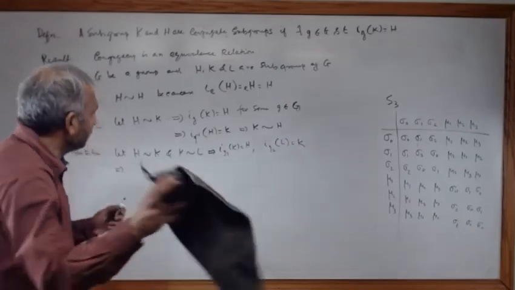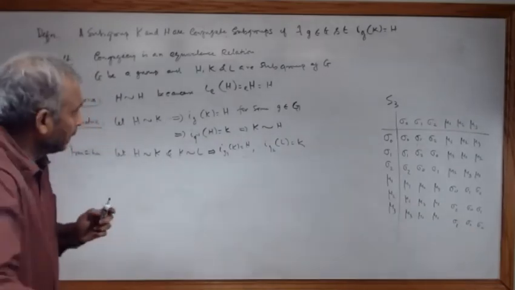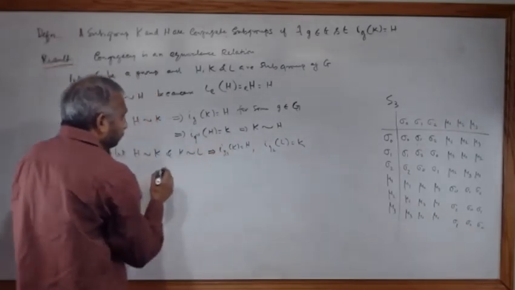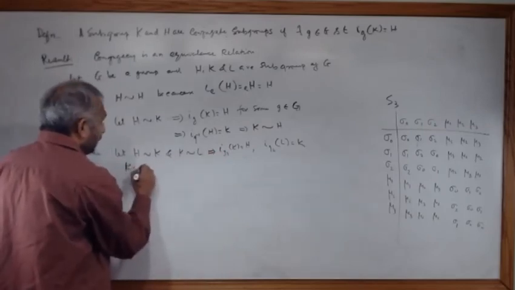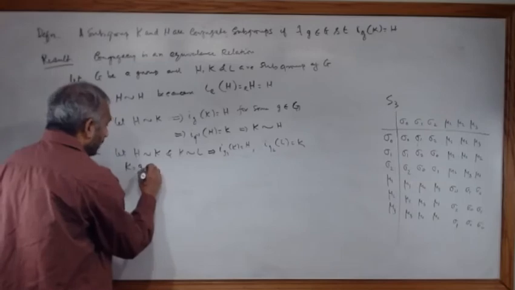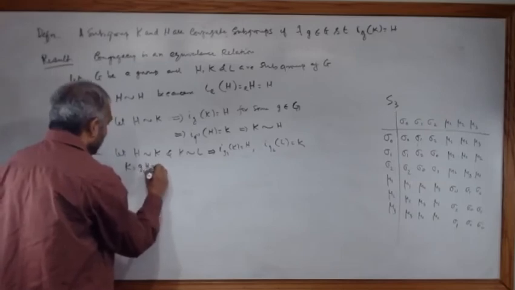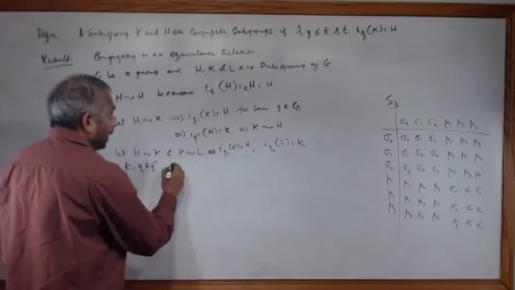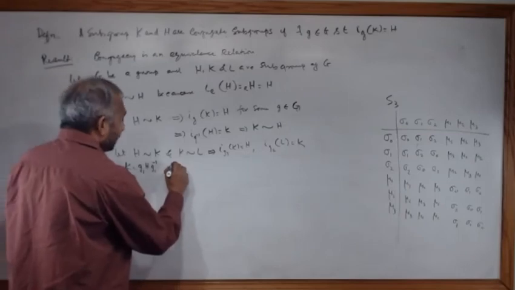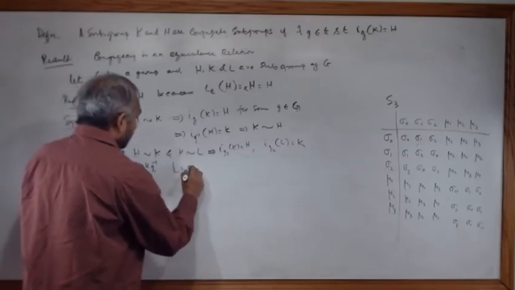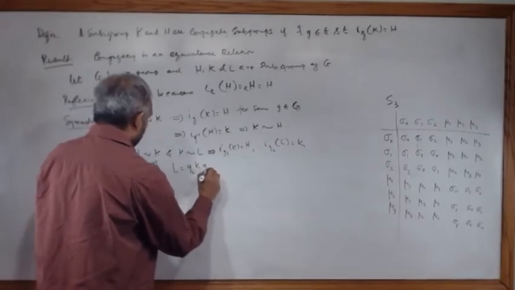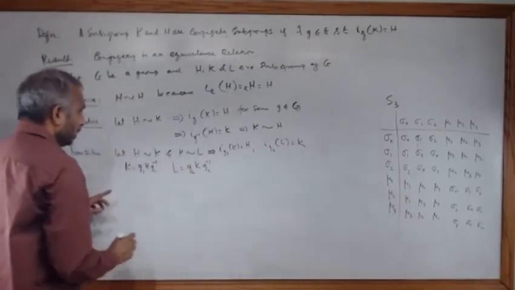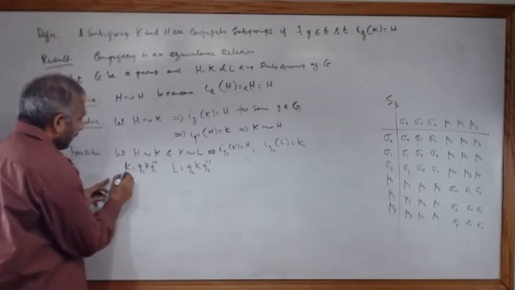This means that K is equal to g1 H g1 inverse, and L is equal to g2 K g2 inverse. Now we will replace K here.